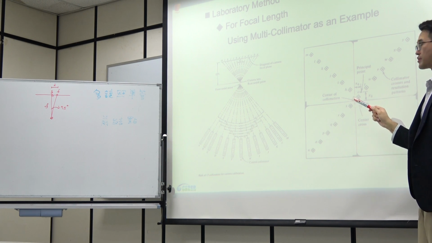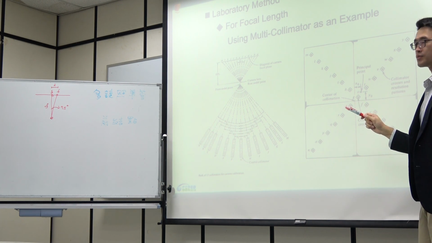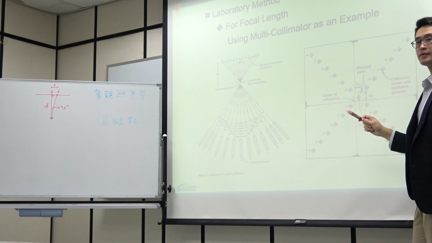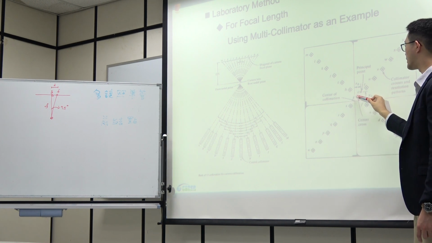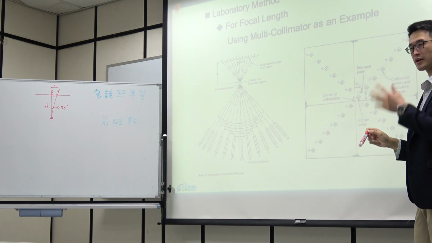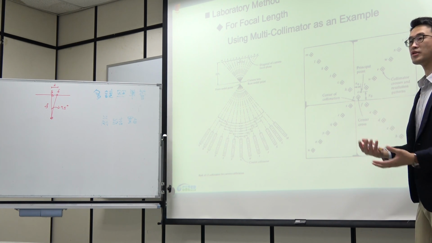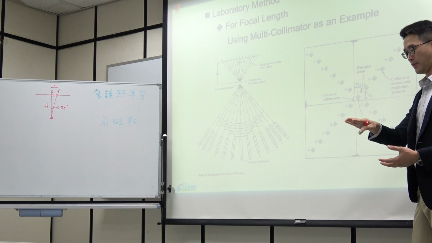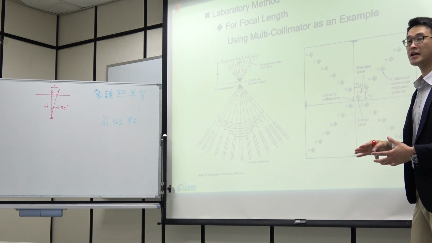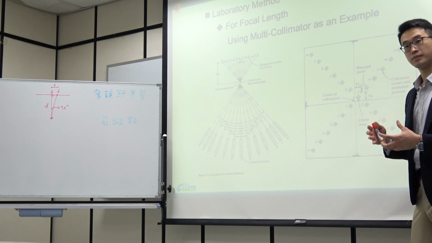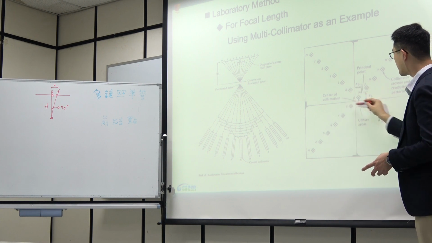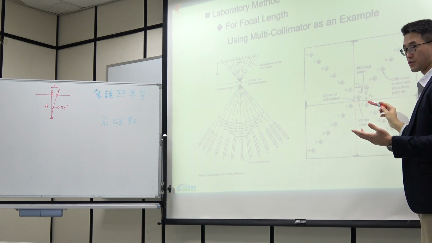Why do we want to do that? To reduce the random error, because every time you measure something there's a random error, like we mentioned before. The more information you have, the lower the influence the random error will cause. We have four pieces of information here, so why don't we just use them?